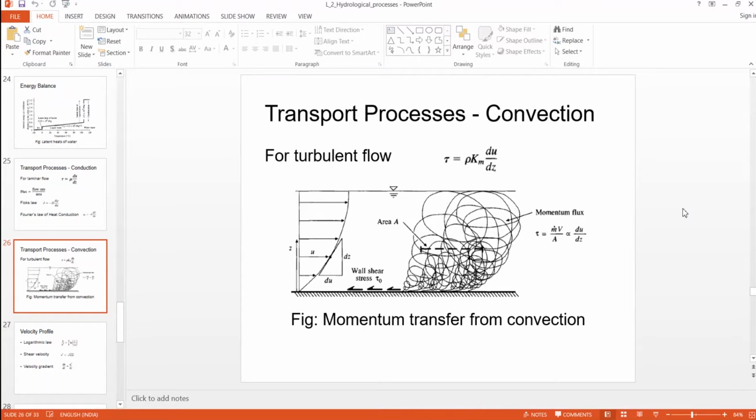So eddy viscosity is a function of flow. Because of the high velocity of the flow, this eddy viscosity develops, and it is very significant, much higher than the kinematic viscosity. So due to these eddies, there is mixing, so that either contaminant or heat energy is transferred from one location to another.